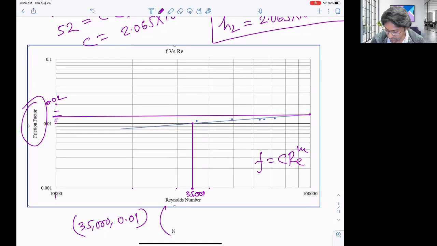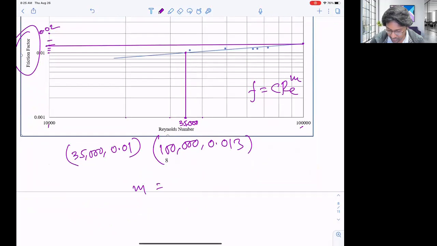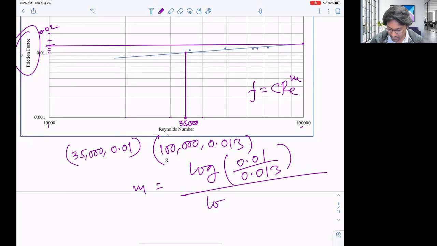Okay, so that is 100,000. You have 100,000, 0.013. Let me calculate the slope m. m will be log of 0.01 divided by 0.013, divided by log of 35,000 divided by 100,000.